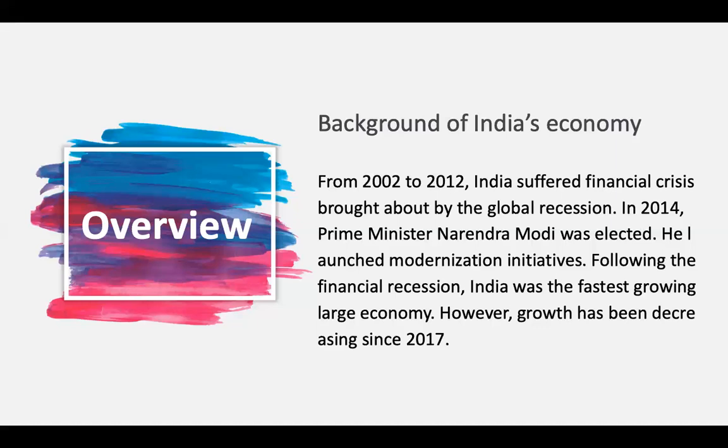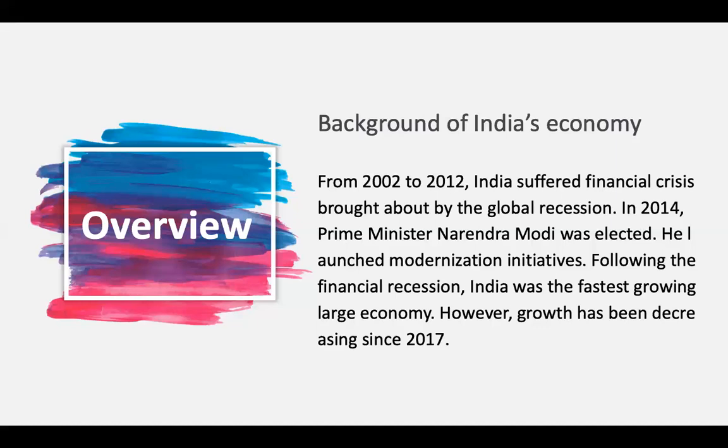Another thing that Prime Minister Modi did was demonetization. In this economic reform, overnight he announced the cancellation of 500 and 1,000 currency notes. This was to reduce black money, money from illegal activities, as well as money from legal ones but not declared as taxable income.